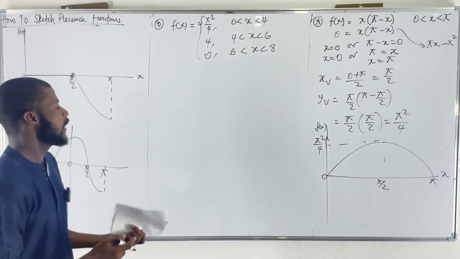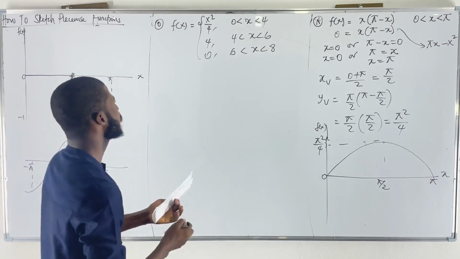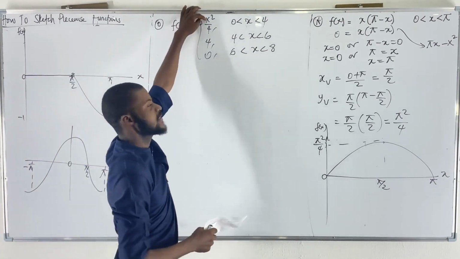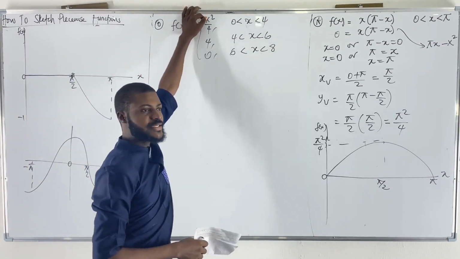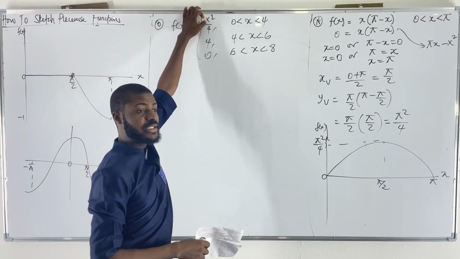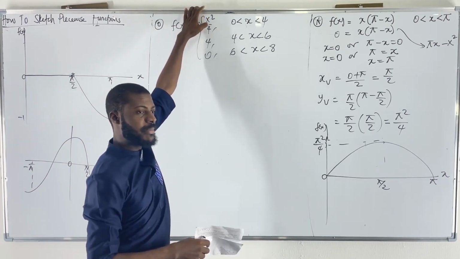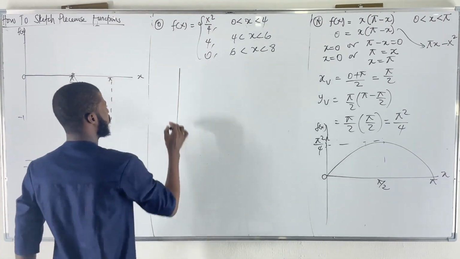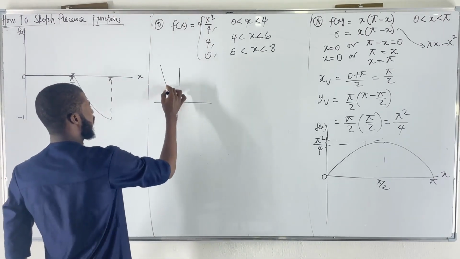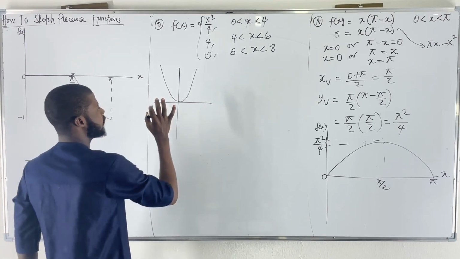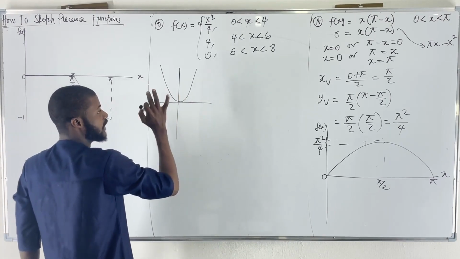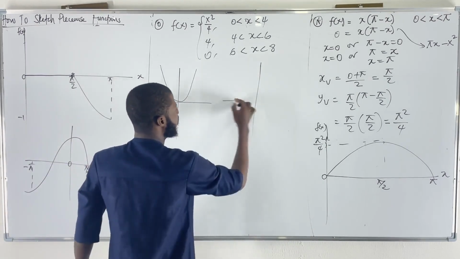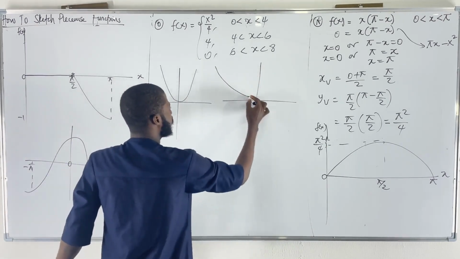Now here's one thing I want to say about our parabola x squared. If you divide it by something, you are making it wide. Let me explain. Normally this is our x squared, and if you divide it by something, you're going to make the x squared open up more.